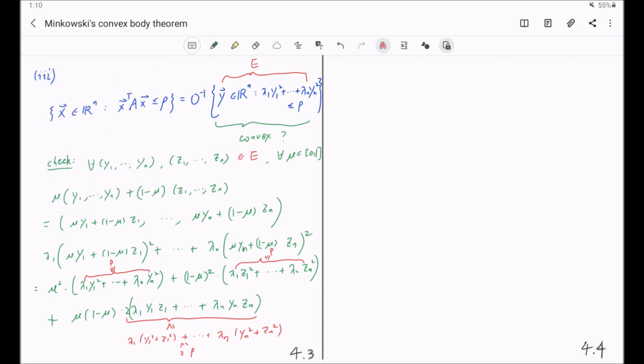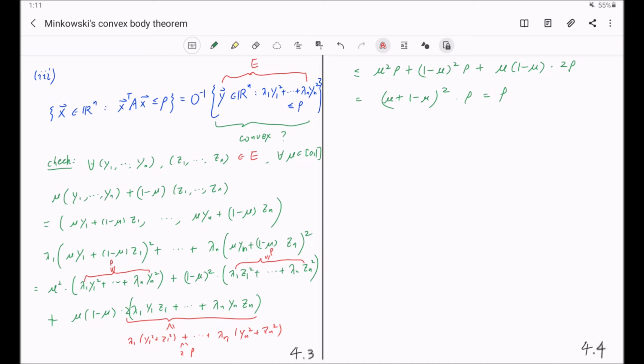So the whole thing here is less than or equal to mu squared rho plus (1 minus mu) squared rho plus mu times (1 minus mu) times 2 rho. So this gives you the square of (mu plus 1 minus mu) times rho, which is rho.